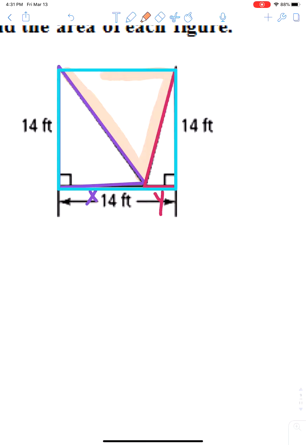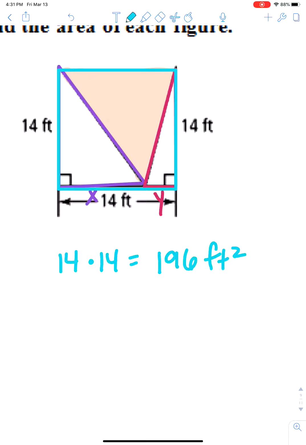So the big blue square is going to be base times height, or 14 times 14, which is 196. So that's the area of the big blue square. And then the orange one I need to find the area of. So I know this height is 14 feet, just because it's a square, so top and bottom are the same.